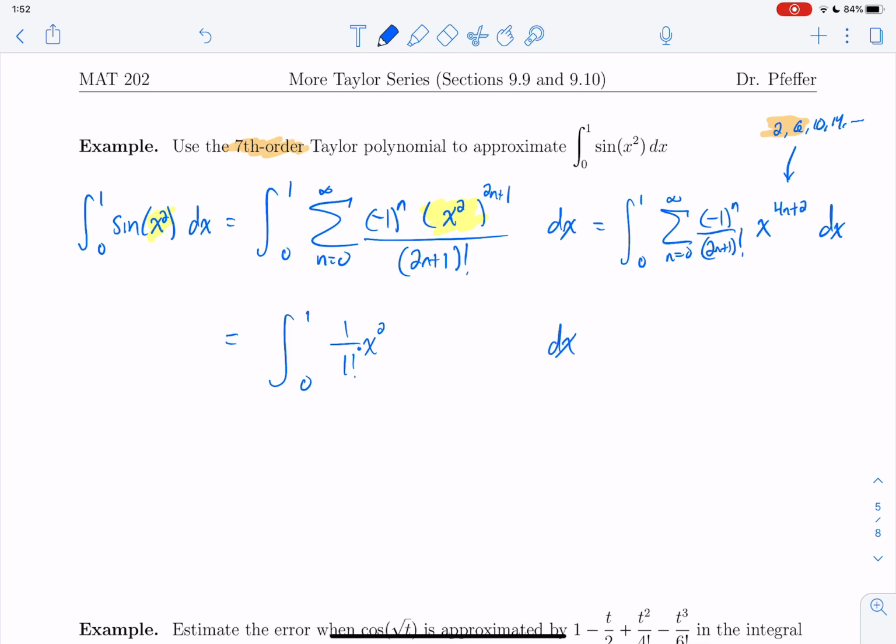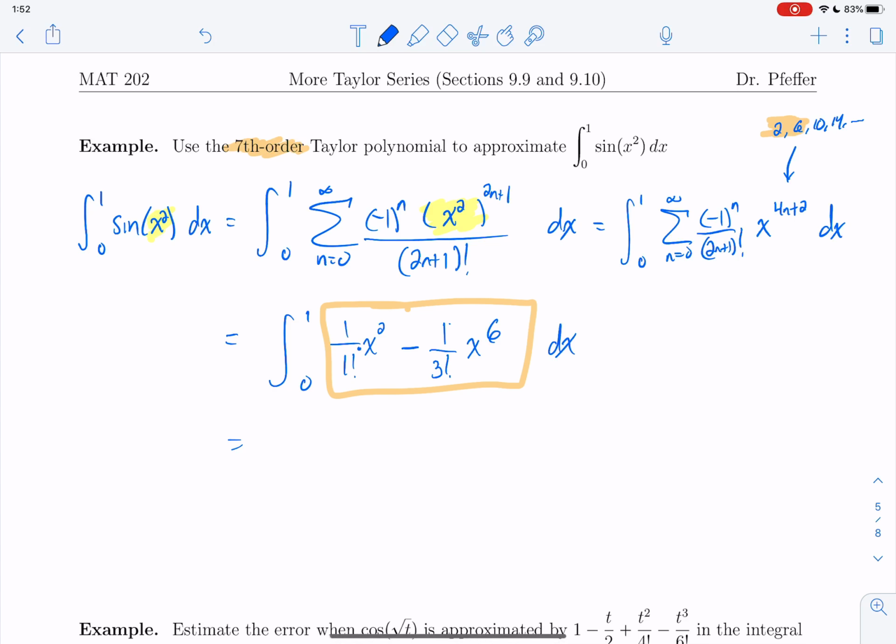And when n is 1, I'm going to end up with a minus 1 over 3 factorial x to the 6th. This value right here is the 7th order Taylor polynomial of sine of x squared.